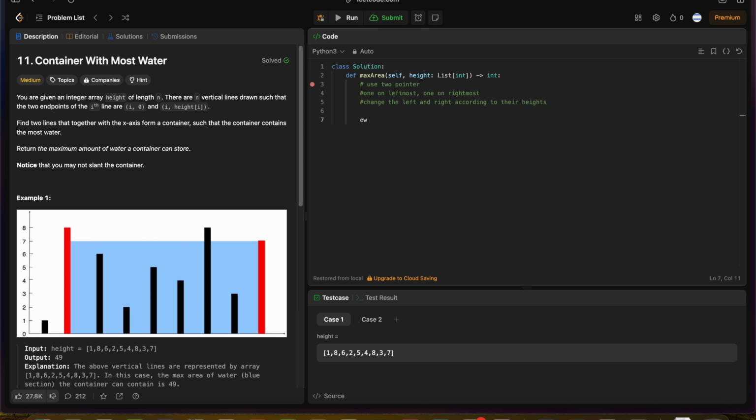So let's give a result of -1 because there might be an empty array or something. So let's keep it as -1. The left pointer will be 0, the right pointer will be at len(heights) - 1, and we'll be looping while the left pointer is less than the right pointer.